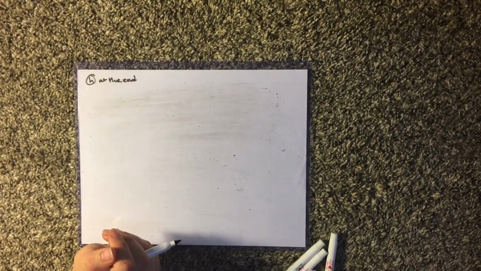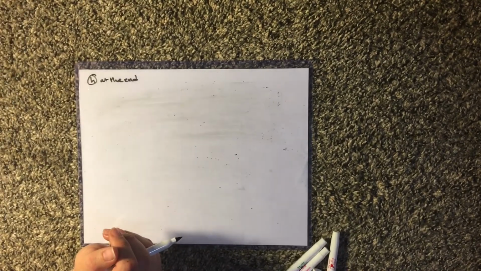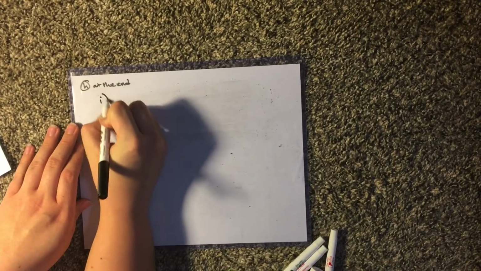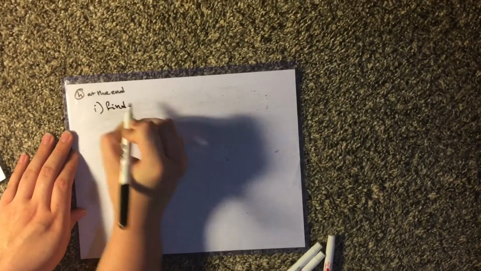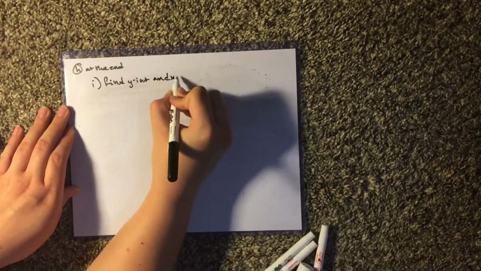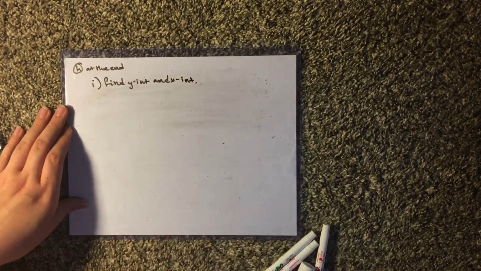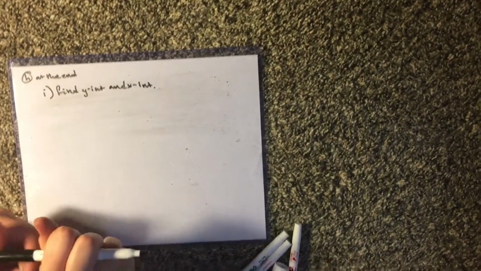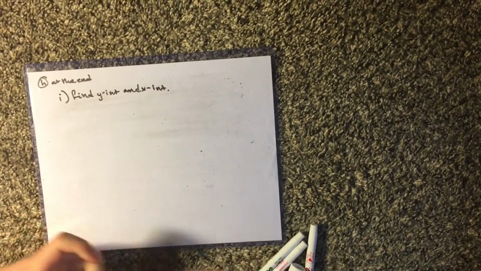So I'm going to go on and do I. And I is to find y-intercepts and x-intercepts. So I'm going to go ahead and do this in different colors because I'm feeling bored with black.